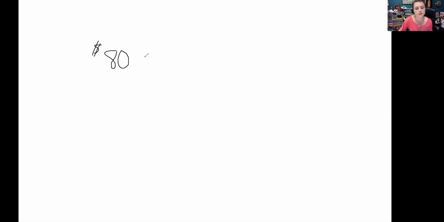Remember, the word of means multiply. So we need to do 25% of 80. As a fraction, 25% is 25 over 100, because it's 25 per 100, times 80.